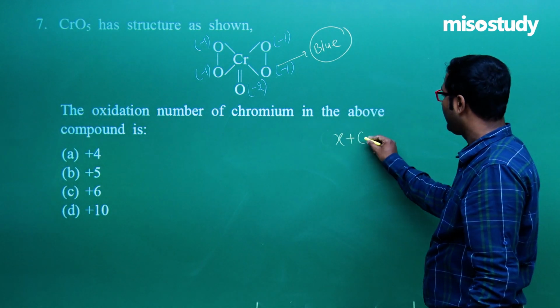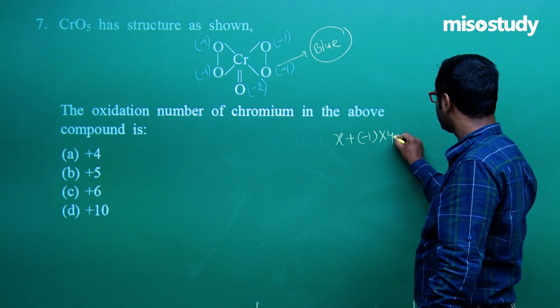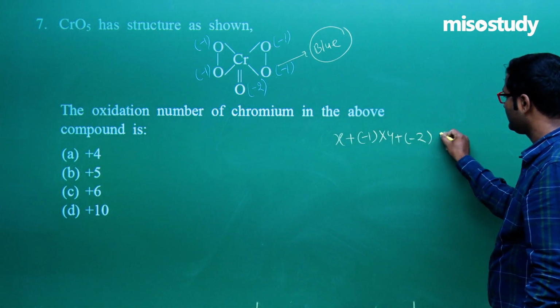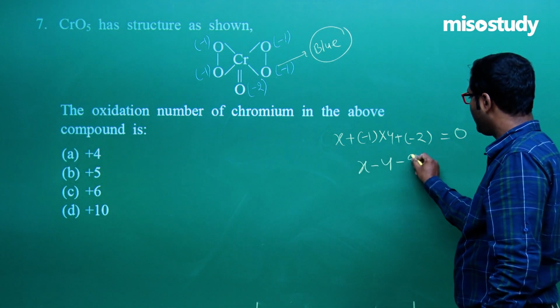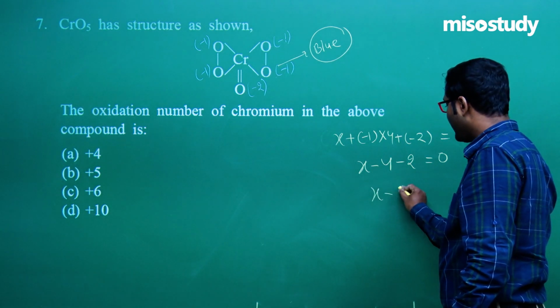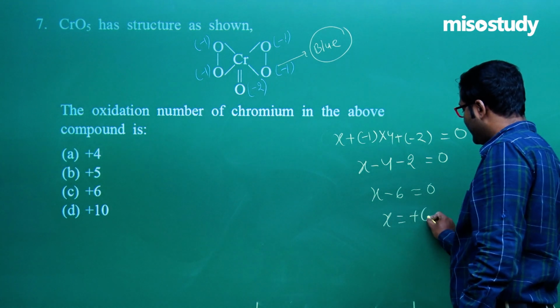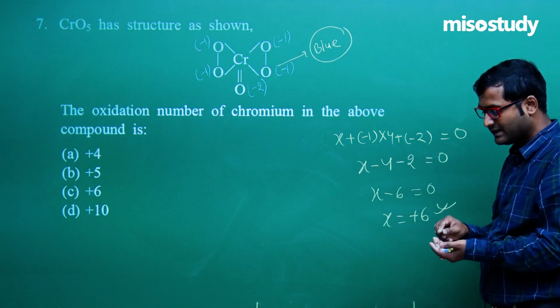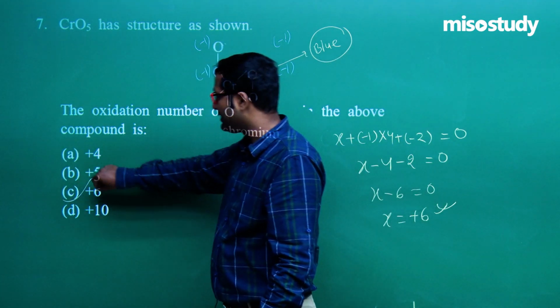So put here -1 into 4 oxygen, and 1 oxygen -2 oxidation state. Clear to you? Now put the value, X minus 4 minus 2 is equal to 0. So X minus 6 is equal to 0, friend. So X is equal to plus 6. So in this case, we can say the chromium has oxidation state plus 6.